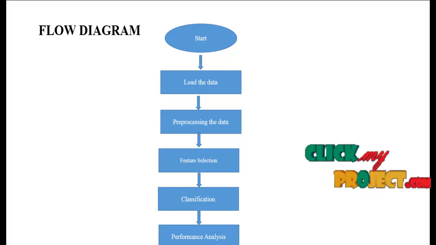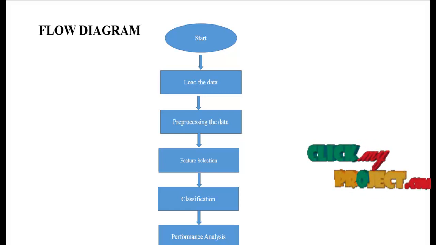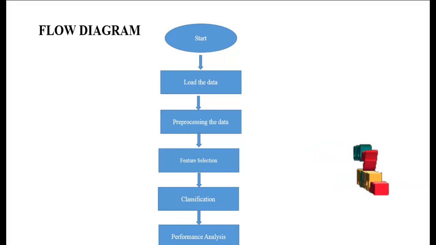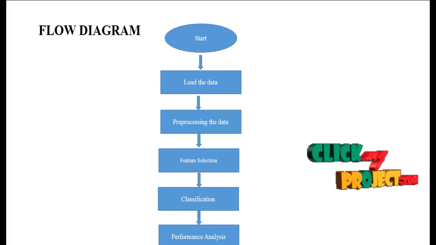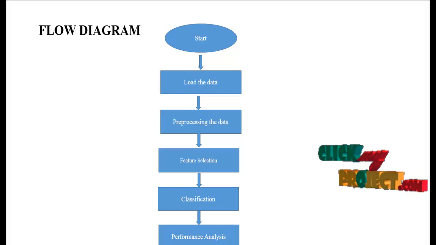Then we have to pre-process the data. That is, we have to remove the unwanted noise or unnecessary data from our input. In this step, we use handling missing values and label encoding techniques.